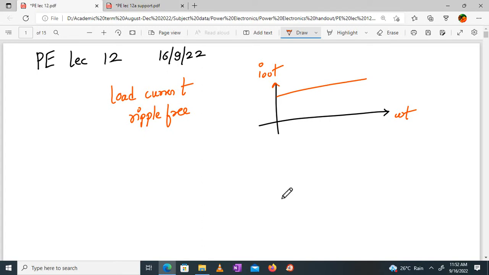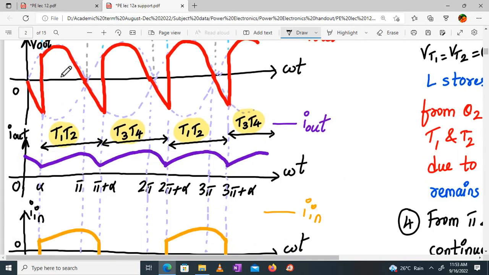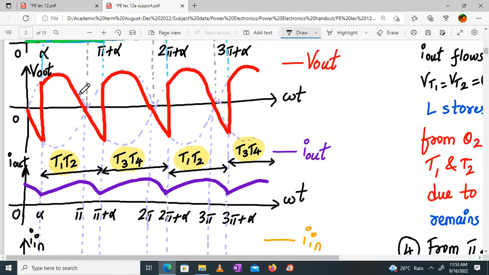Now, I'll tell you something which I have not told you so far. There is something called a quadrant of operation. So here let's say we have output current and here you have output voltage. In this case, for alpha less than 90 degrees, what is my average value of output voltage, positive or negative?